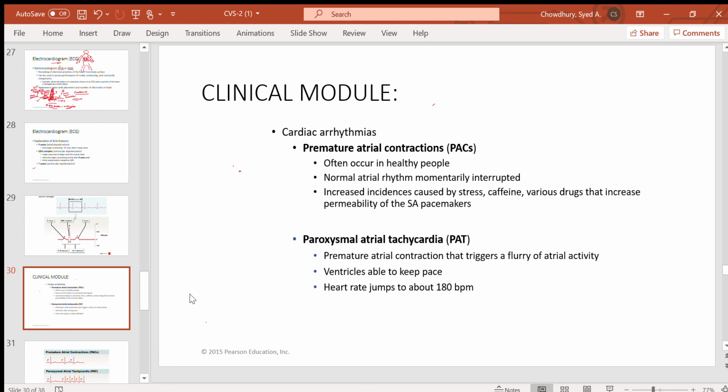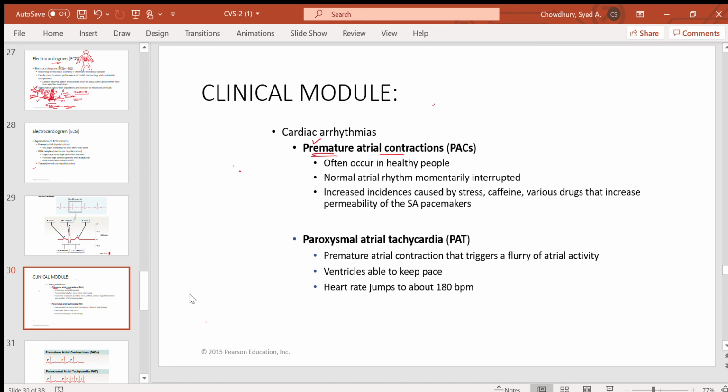Now, there is another clinical condition called premature atrial contraction, and it often occurs in healthy people, so it won't really bother, because atria don't send blood to the body, just to the ventricle. So if another weak premature contraction occurs in the atrial wall, it won't really cause any problem. Blood still will go to the ventricle.